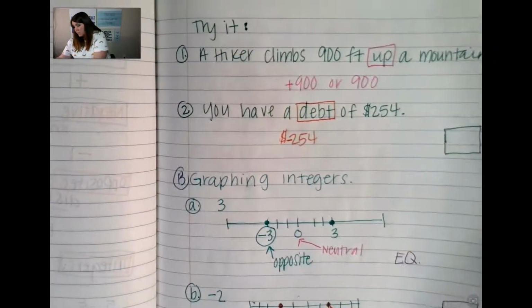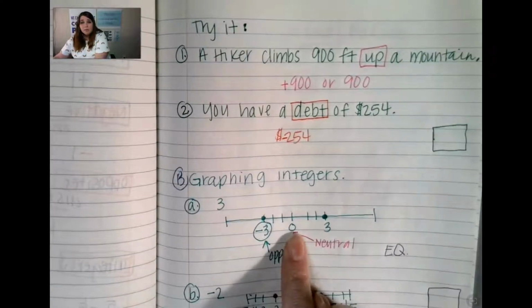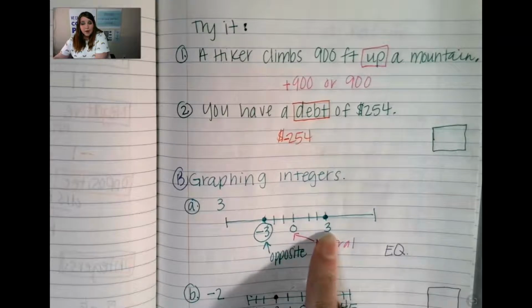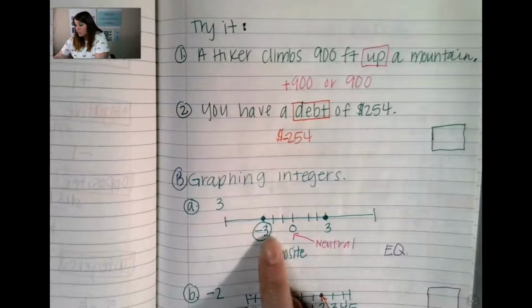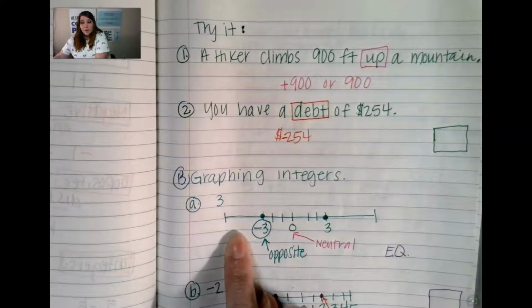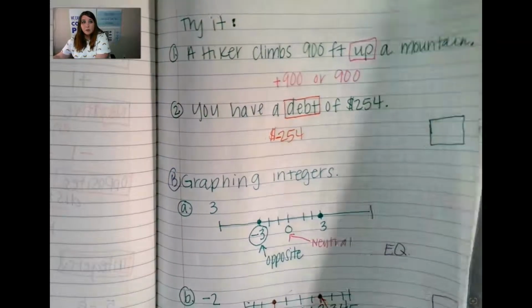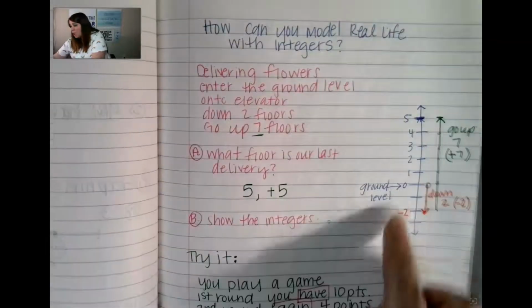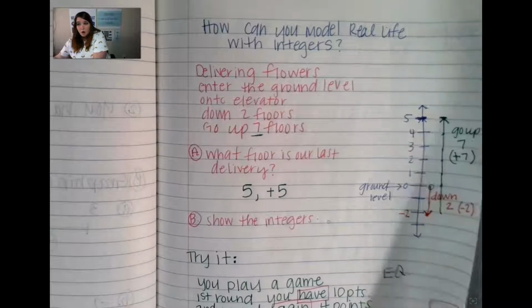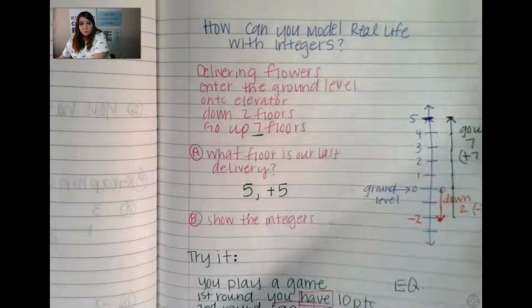We also talked about how 0 is neutral and numbers to the right or above 0 are positive, and numbers to the left or below 0 are less than 0.